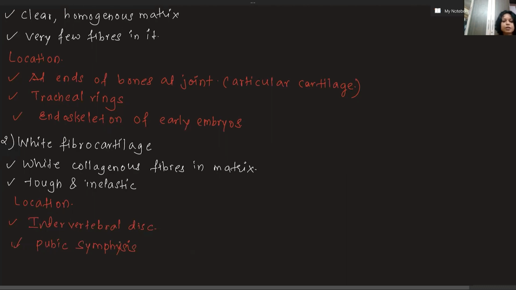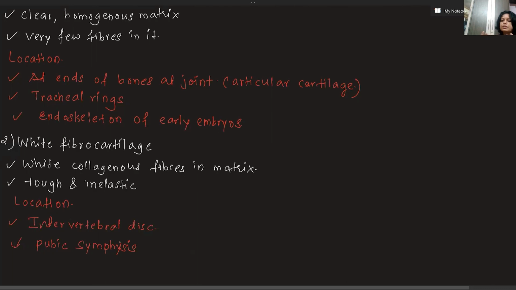Pelvic girdle is located at the posterior end of the body. And it is made up of two major bones. Each bone is called os innominatum. And each os innominatum has three bones in it: ilium, ischium, and pubis.